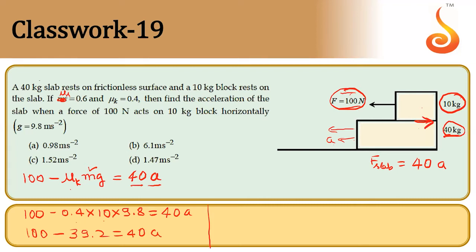So 40A is equal to 60.8. So A is equal to slightly greater than this 1.5, right?